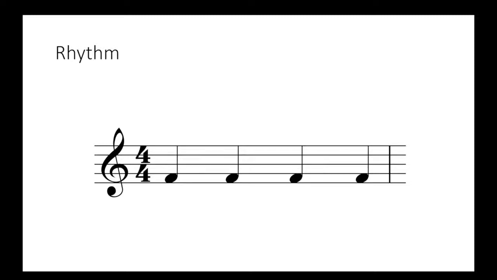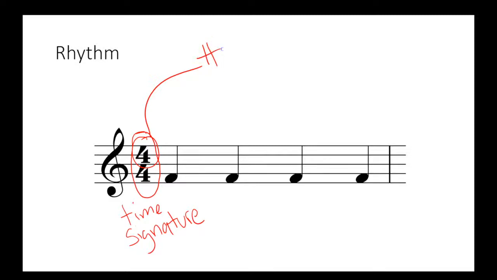So this is one of the most common meters. It's called 4/4 time. We know that it's 4/4 because of this pair of numbers, which is called the time signature. And this is going to give us 2 pieces of information. The top number is telling us that there are 4 beats per measure. So the top number always tells us the number of beats in a given measure.